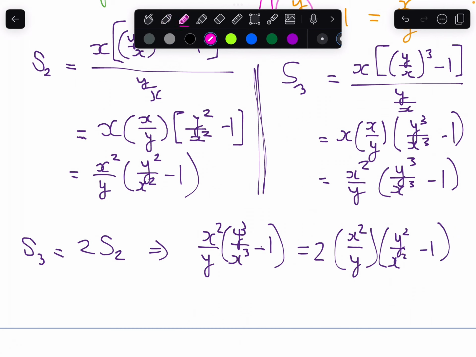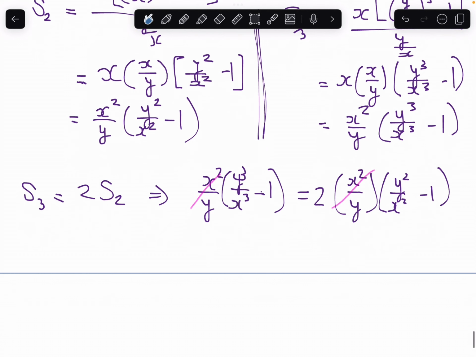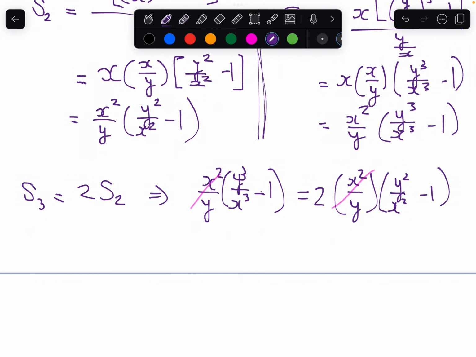And we can disregard these guys, right, because they're the same, so they're not really moving the needle. So this is then y cubed over x cubed minus 1 is equal to 2y squared over x squared minus 2, right? If I multiply the 2 there.